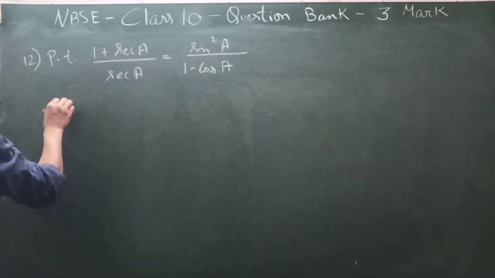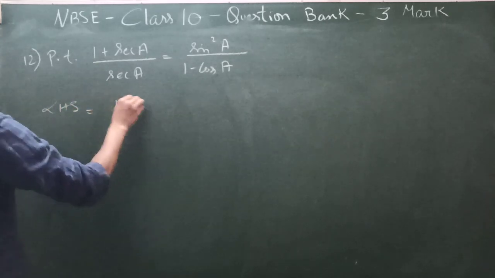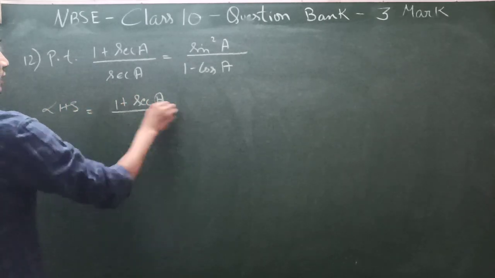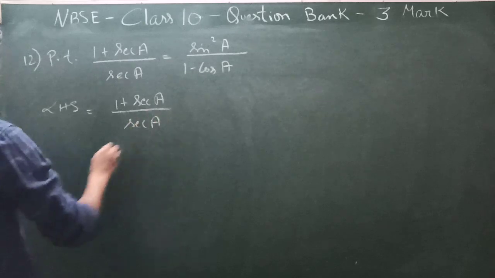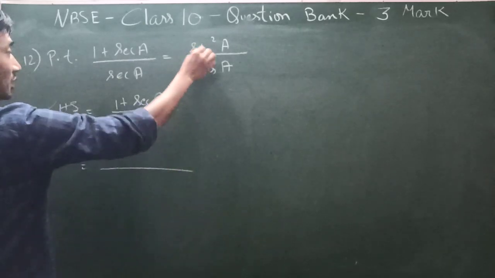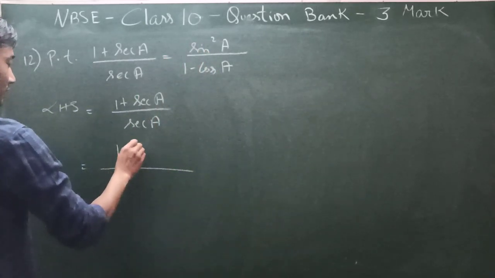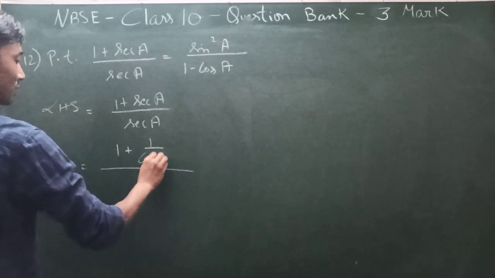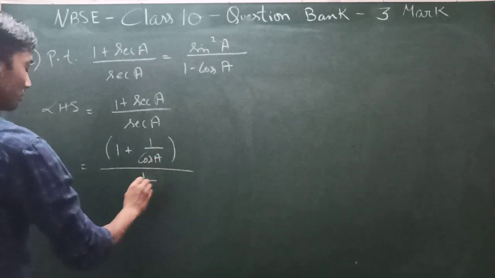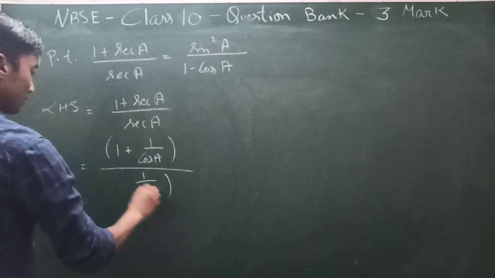So let's go for the left hand side. 1 plus sec a by sec a. Since we have to prove in terms of sine and cos, sec a we can write as 1 by cos a.